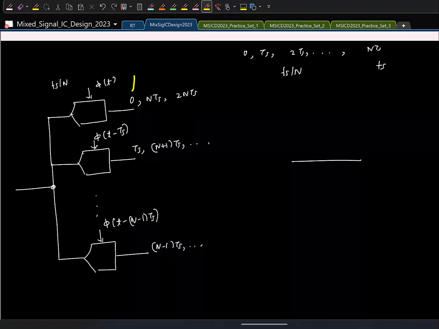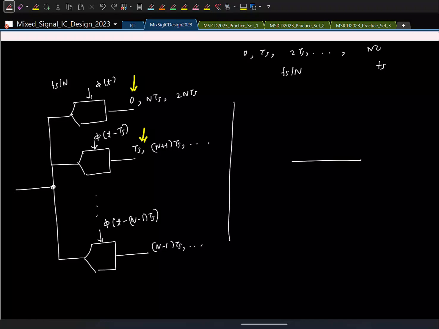First, I should choose the data from the first channel. The second sample must come from the second channel, the third sample from the third channel, and so on. So you basically have to put a multiplexer that operates at fs. It will switch between each channel one by one, and then keep repeating it cyclically. Is that okay? Fine.